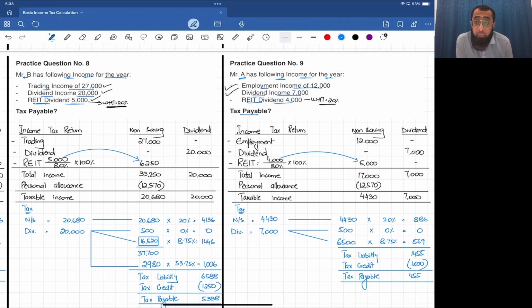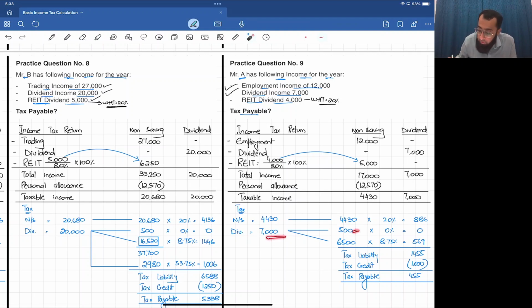Employment income. Dividend goes under the head of dividend. You grossed up the real estate investment trust. You arrive at the value of total income. The adjustment of personal allowance, you get your taxable income, and then just apply the tax rates. 37,700 is your basic rate band, so obviously 4,430 lies in the basic rate band, and it was taxed at 20%.